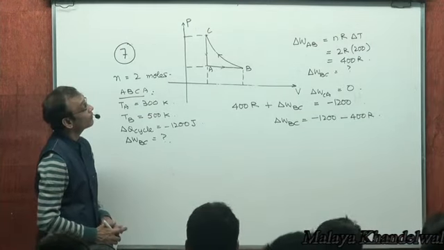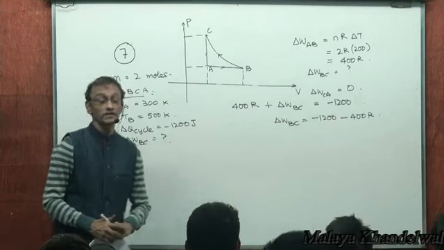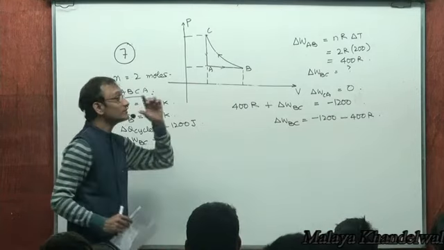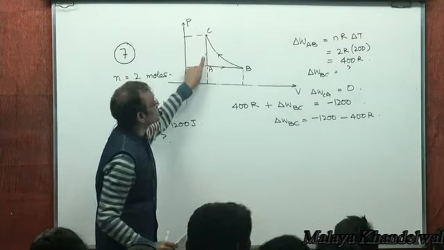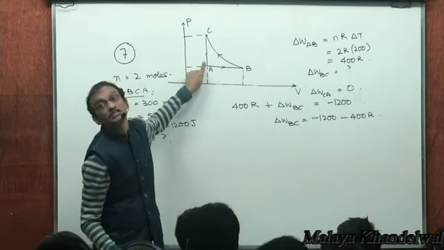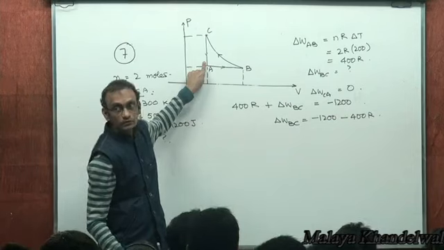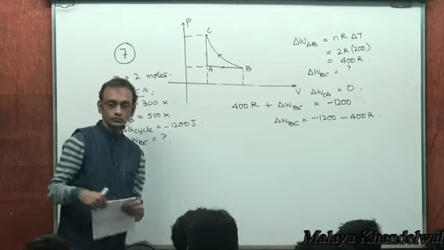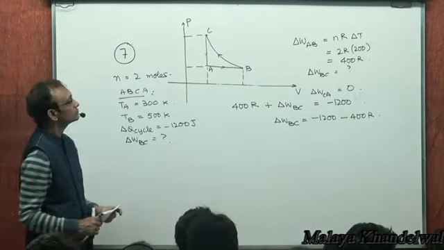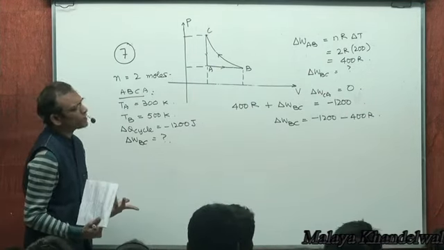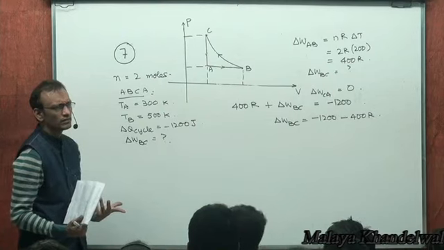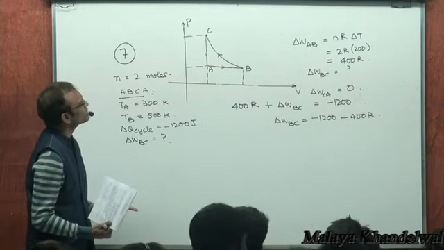Will A and C have the same temperature? At constant volume, if the pressure decreases, then the temperature decreases. Right? So obviously not. Who said it's isothermal? Who said it's isobaric, B to C?